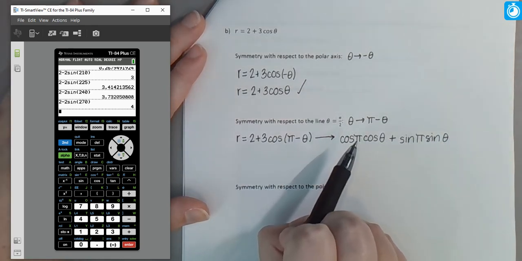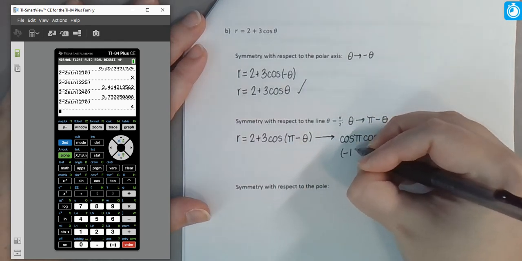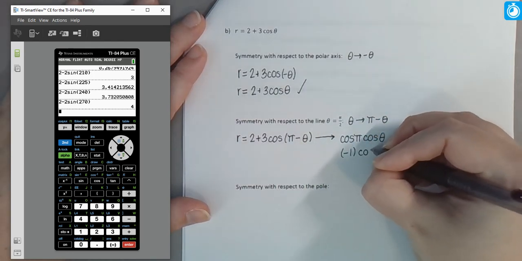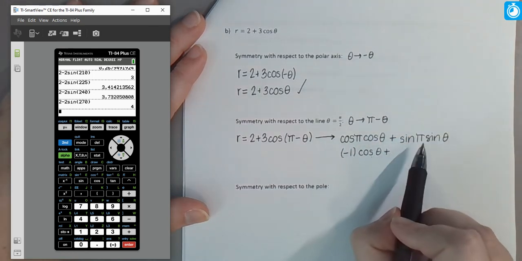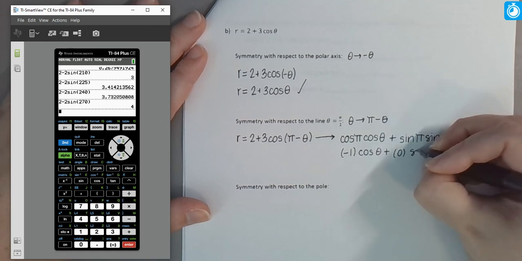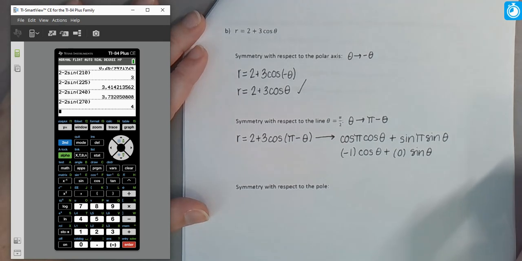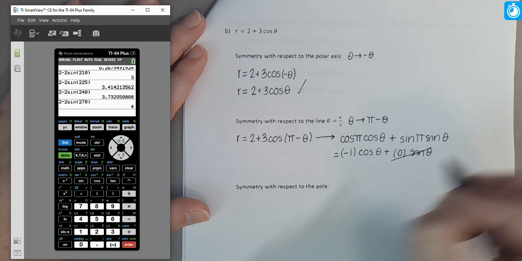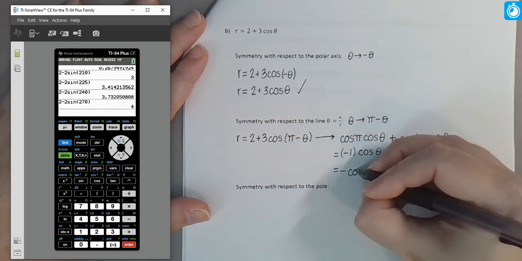Okay, so the cosine of pi radians is -1. So that's going to be -1 times the cosine of theta. And then our sine at pi radians is going to be 0. So 0 times the sine of theta. Okay, so this particular term goes away, and then this will just become negative cosine of theta.